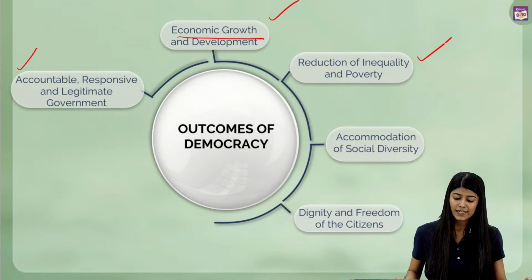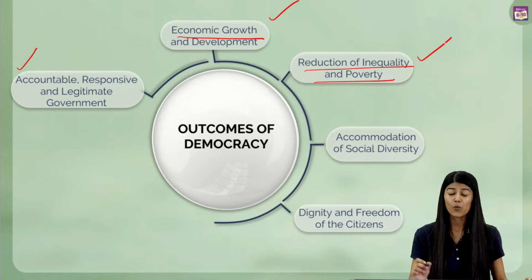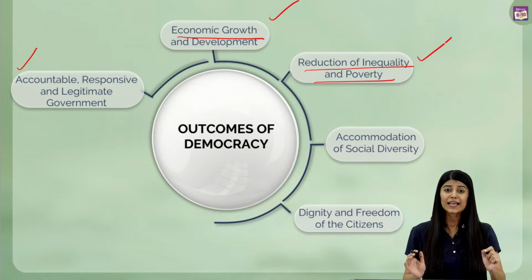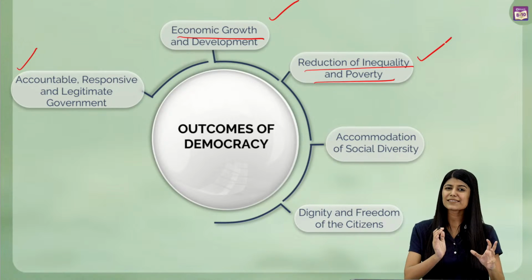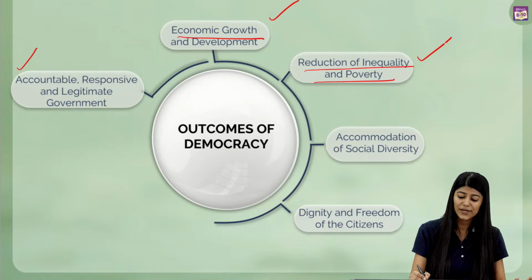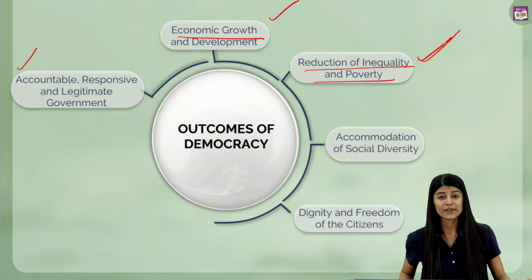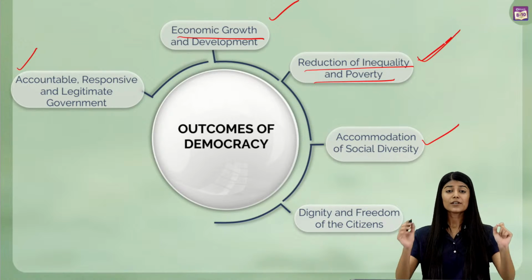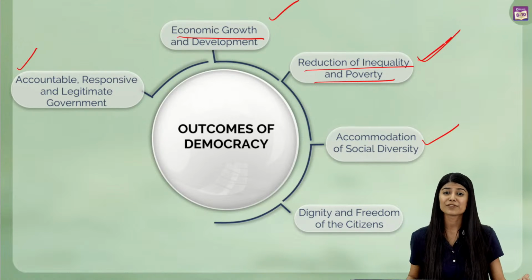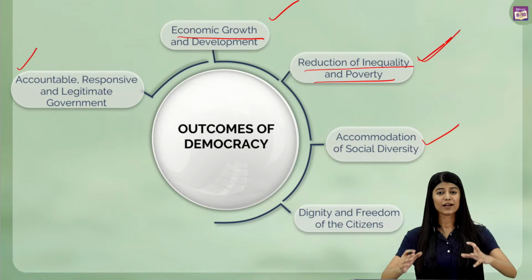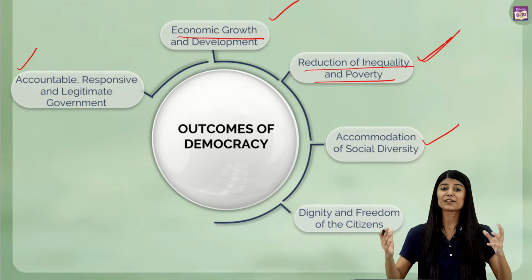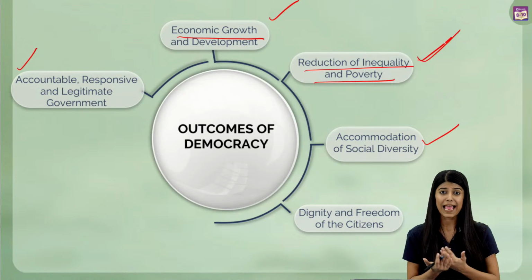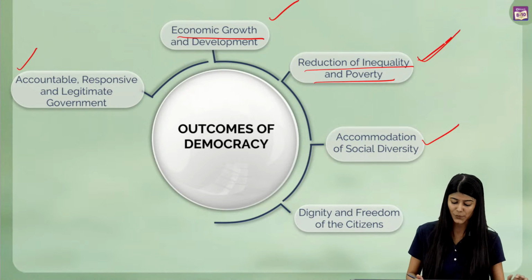Then, we studied reduction of inequality and poverty. In this, we realized that democracy is not very successful in reducing inequality and poverty. Moving forward, we understood accommodation of social diversity, how two different social groups with different opinions can have a platform to voice their opinions and can stand a chance to resolve it as well.